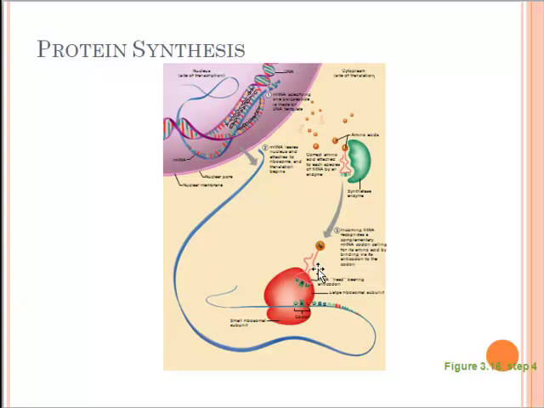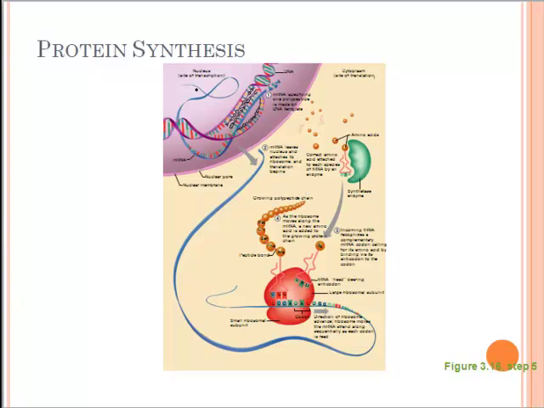So notice here the tRNA is bringing this amino acid to start building the protein. And then what's going to happen is, as the mRNA is read by the ribosome, the tRNA is going to bring these amino acids and form this long chain of amino acids, which is our protein.